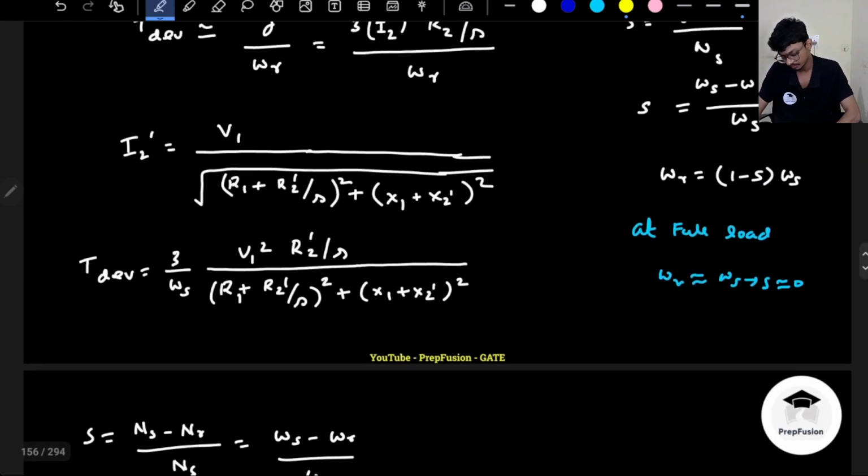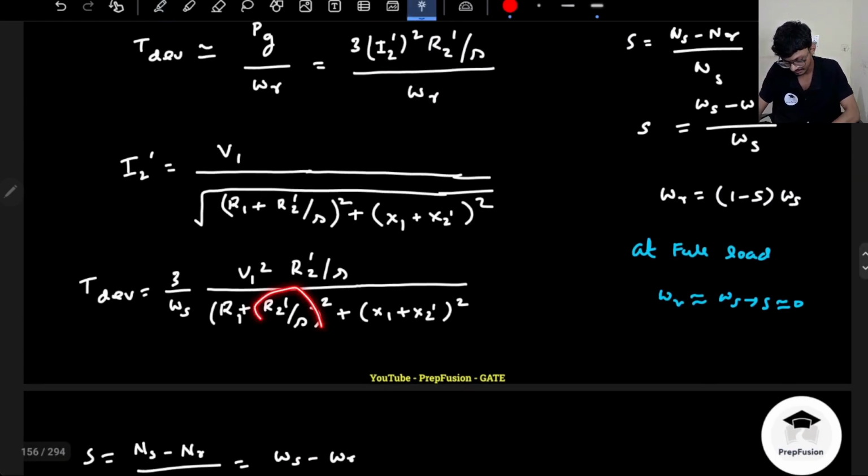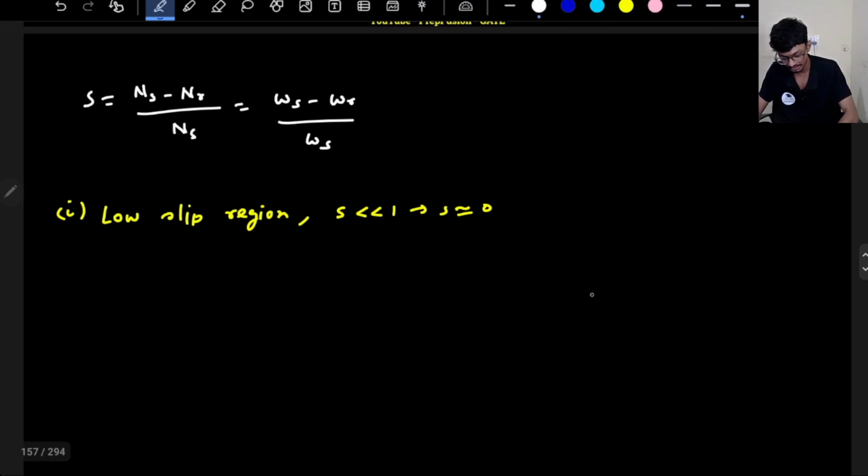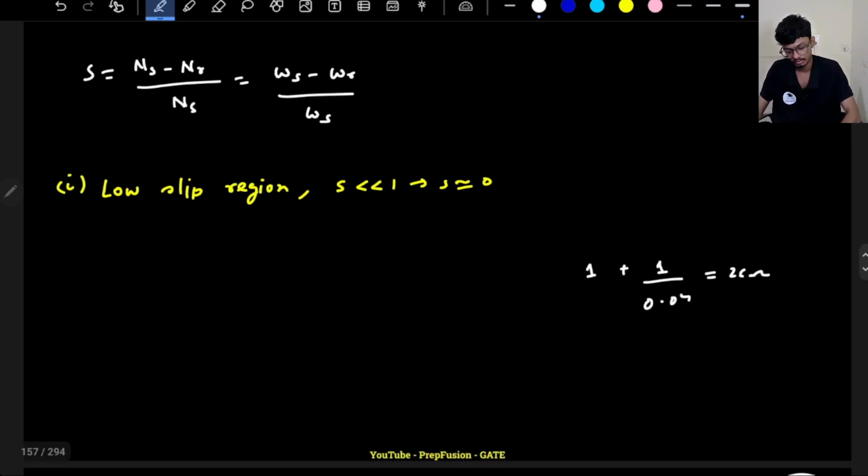So if I see here, in the low slip region, these two quantities are getting added and I am dividing by s. So let me take a few numbers here. Let's assume that both R1 and R2 dash are 1 ohm. So it is 1 plus 1. Now let's assume that the slip is 0.04. So what is the value here? It will be 1 by 0.04, so 1 plus 25, which is 26 ohms, correct?